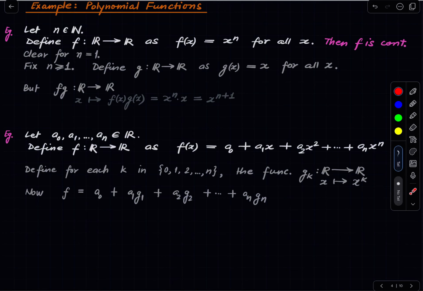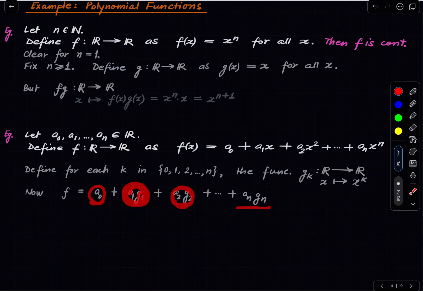Now look at this. This is just a constant added to everything. So let's ignore it for the moment. g1 is a continuous function and we are scaling it, and we saw that scales of continuous functions are continuous. Since g1 is continuous at every point, its scale is also going to be continuous at every point, and hence this is a continuous function. Similarly, a2 g2 is a continuous function, and so on.